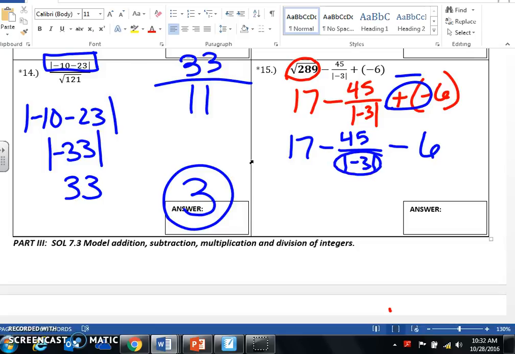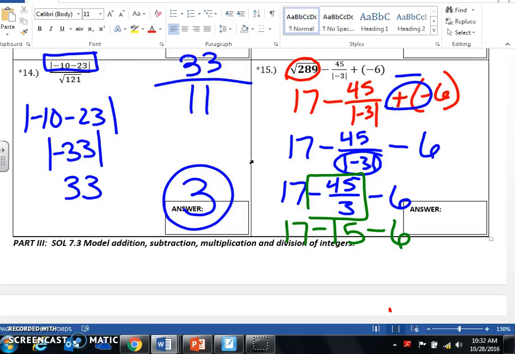Now, the absolute value of negative 3 is 3. I'm going to divide. This is a negative 45 divided by 3, which is a negative 15. And now I just put it in my calculator. 17 minus 15 minus 6 gives me a negative 4.